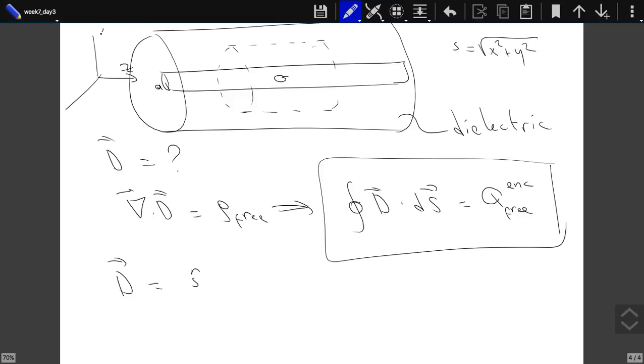This is z, this is x, this is y. And D depends on s only, the magnitude. It will be radially out. This is what this s hat vector is. It's a unit vector away from our wire and perpendicular to the wire.